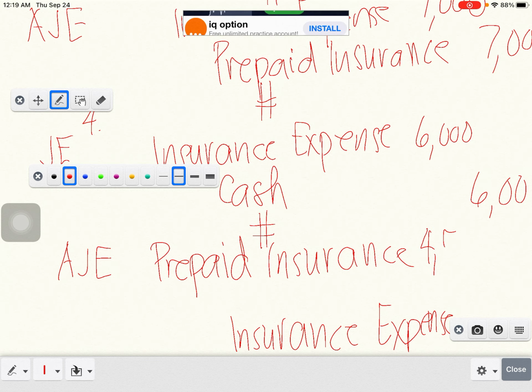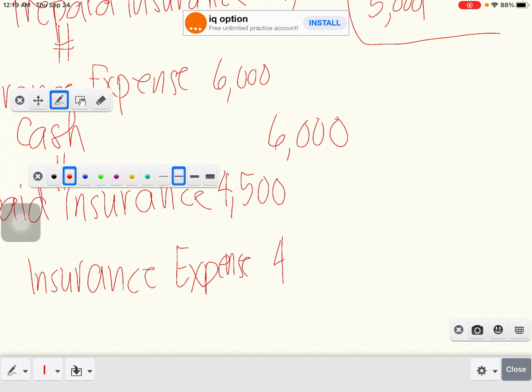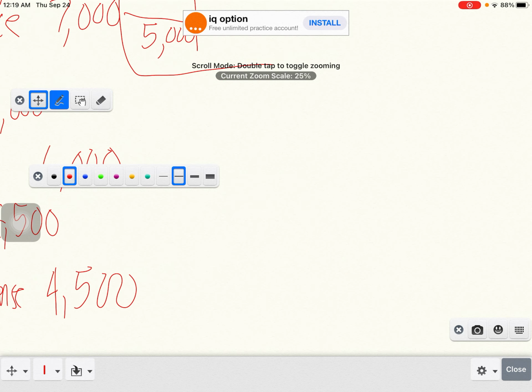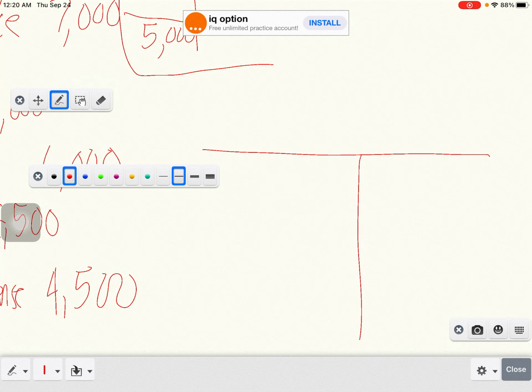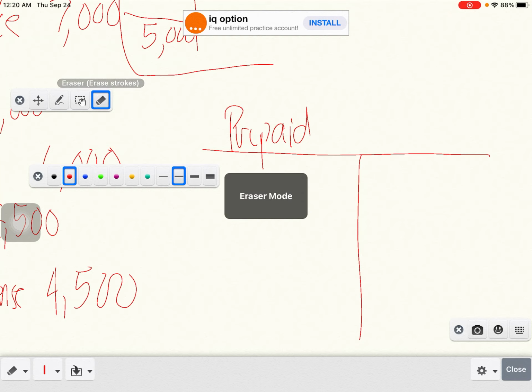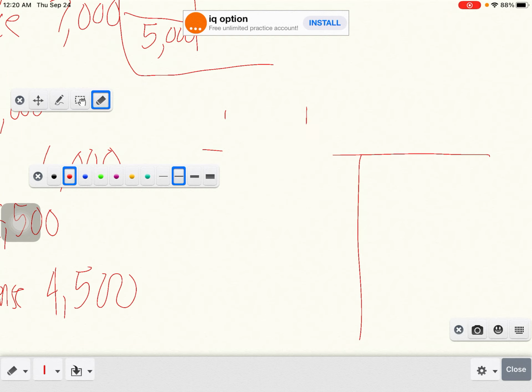So that is 4,500. So, kuhaan na to si insurance expense of 4,500. So, if you want to double check sa T account, if you have recorded prepaid insurance, expense method.